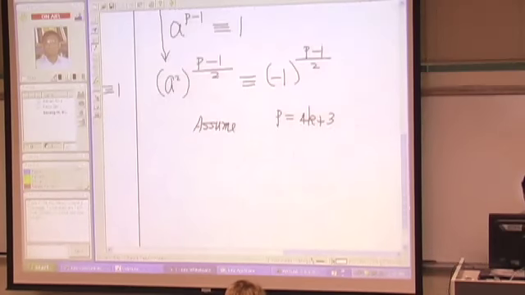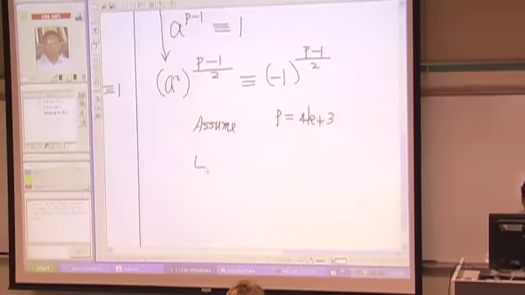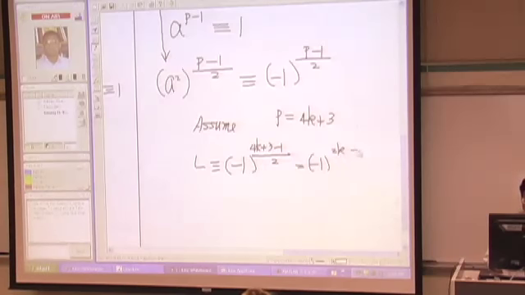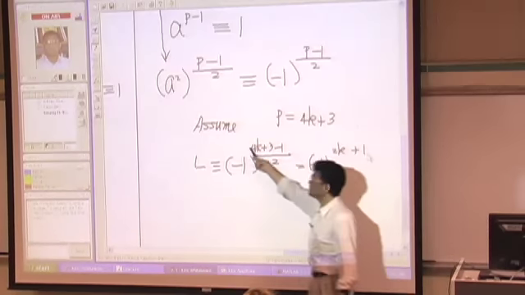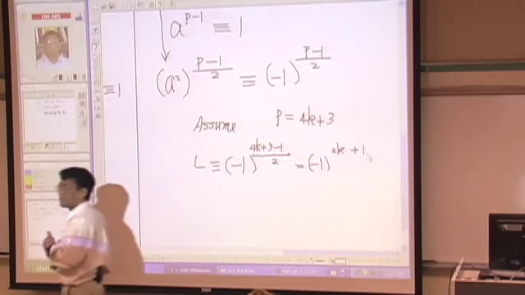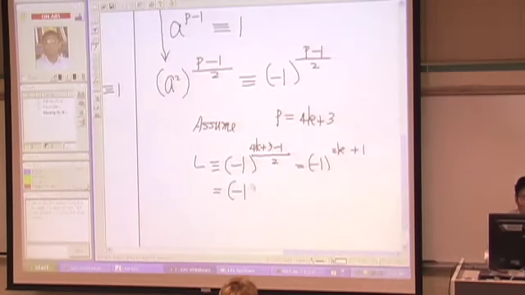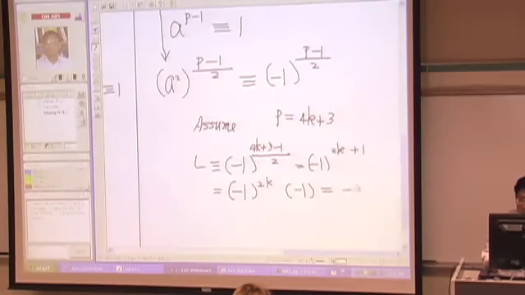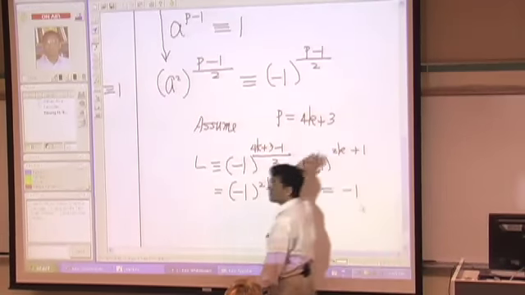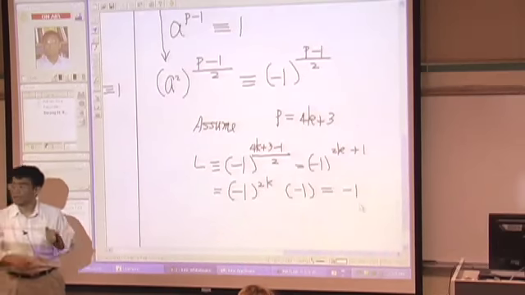Then this continues to be minus 1 to the power of (4k plus 3 minus 1) over 2, which is minus 1 to the power of 2k plus 1 after canceling out 2. What is minus 1 to the power of an even number? 1. So it is negative 1. So if P is 4k plus 3, it is negative 1.